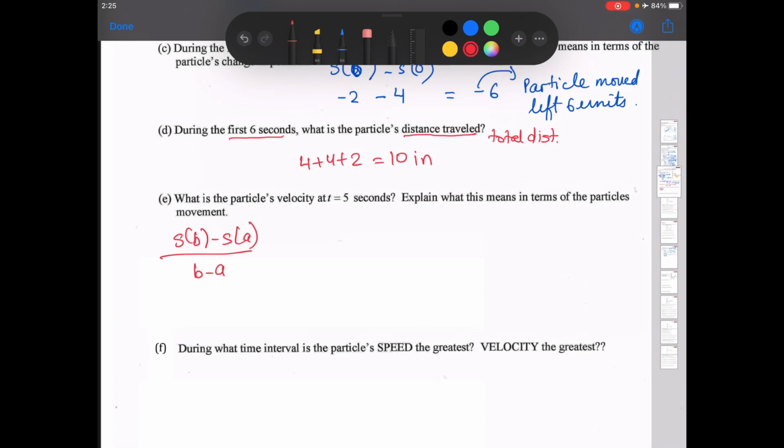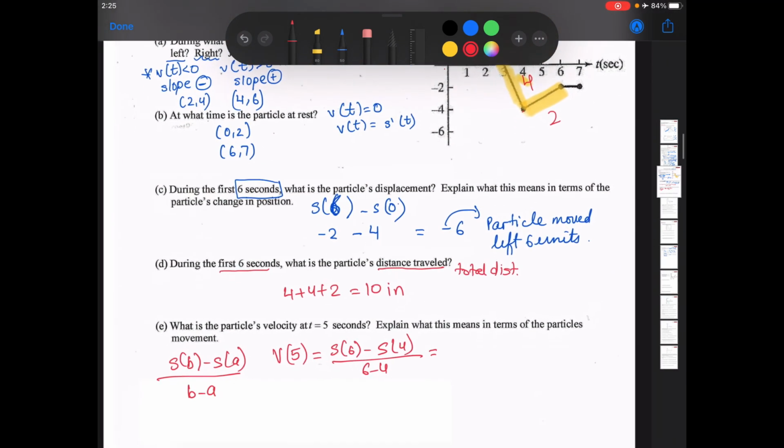So if I look at the line between 4 to 6, can I not find the average rate of change for velocity at t equals 5, which would be S of 6 minus S of 4 over 6 minus 4. So S of 6 is what? You can go to your graph, look it up.